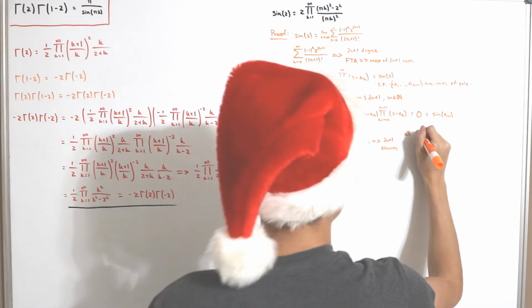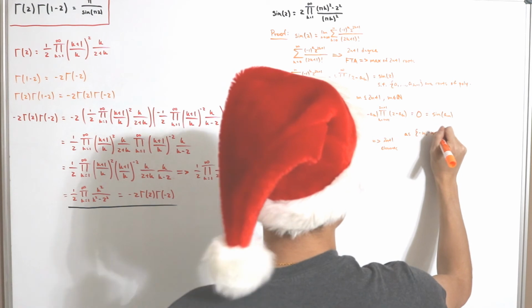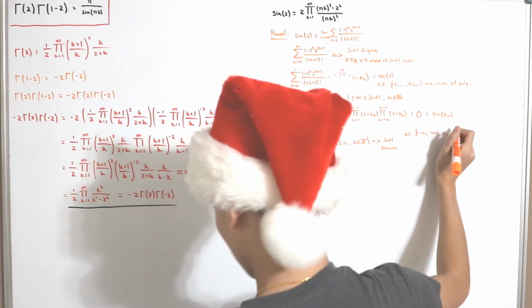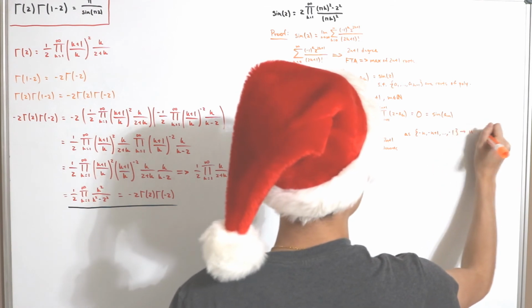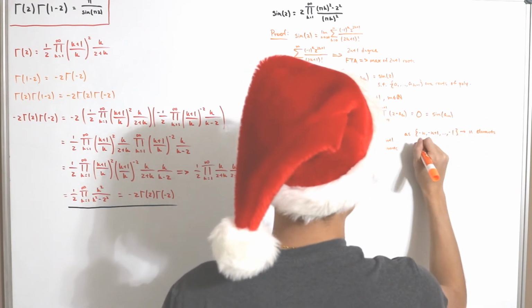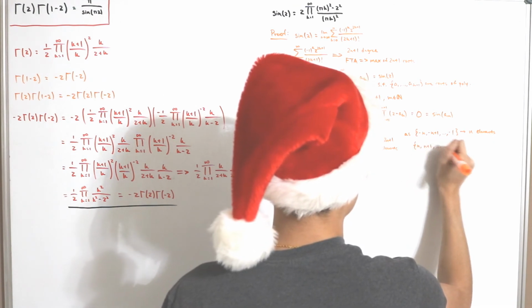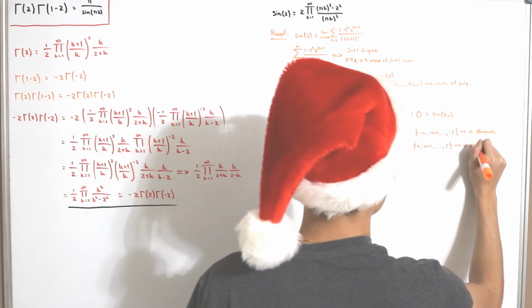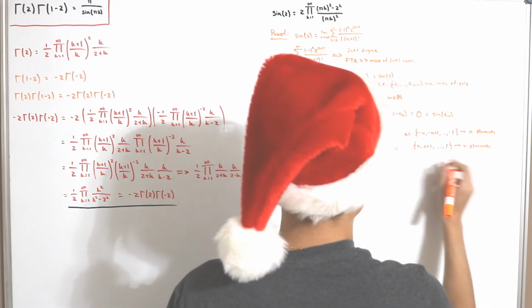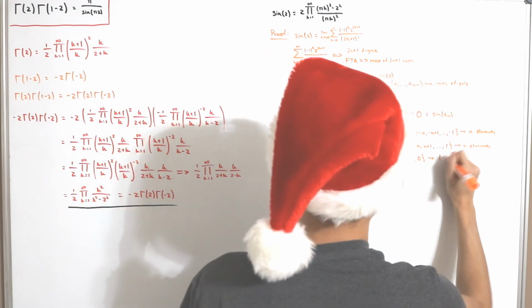The set from negative n up to negative 1 has n elements, and we also define the set from 1 up to n, which has n elements, and then the singleton 0 is just 1 element.